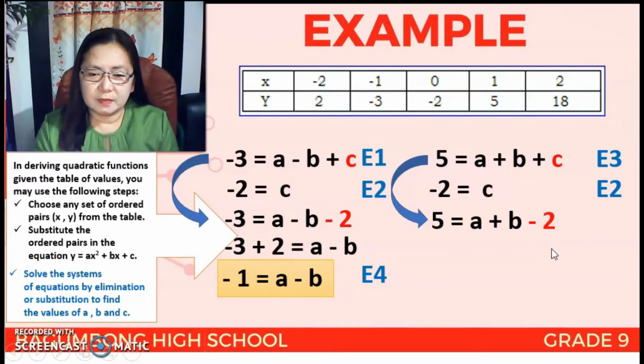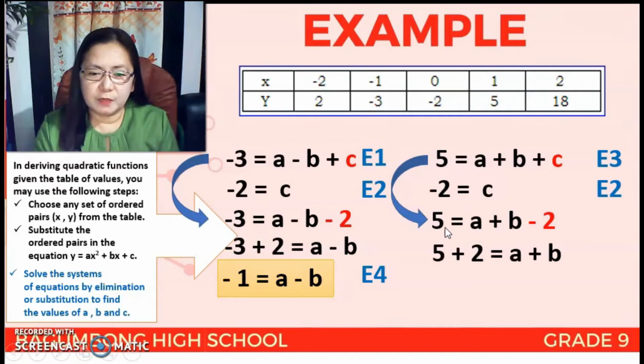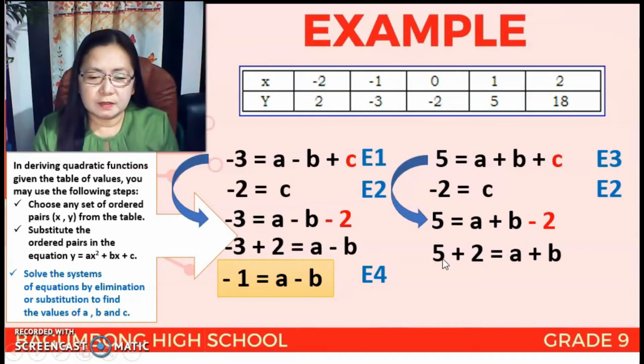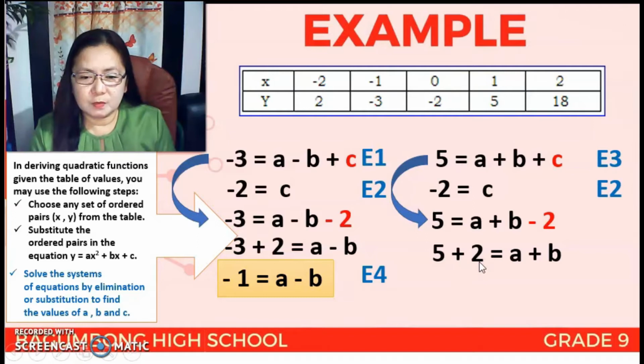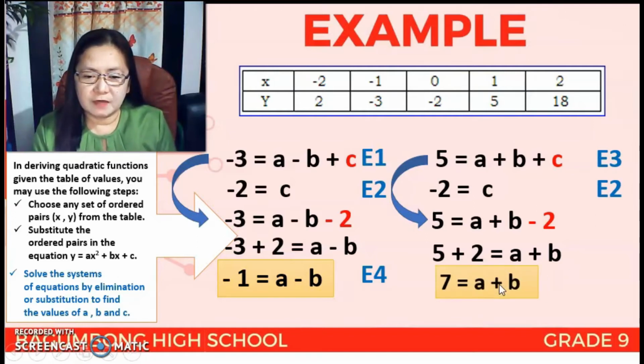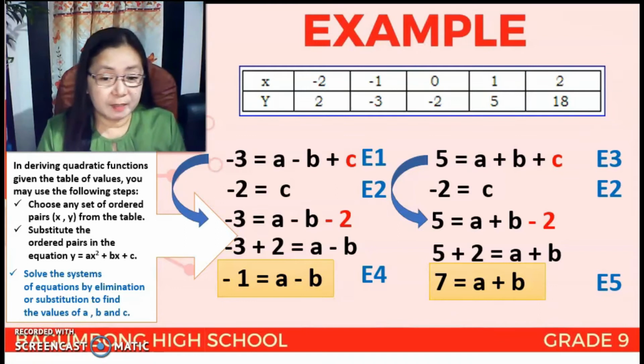Simplify. Use the addition property of equality. We will add positive 2 to both sides of the equation to make negative 2 equal to 0. So this is equal to 5 plus 2 is equal to a plus b. 5 plus 2 is 7 is equal to a plus b. So this will be our equation 5.